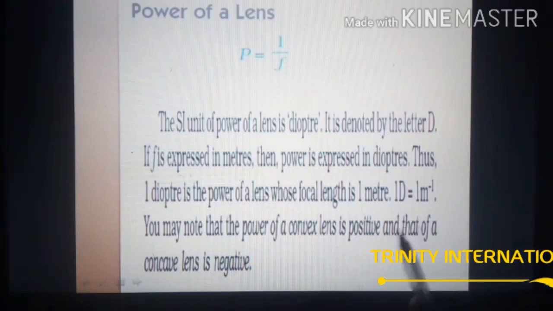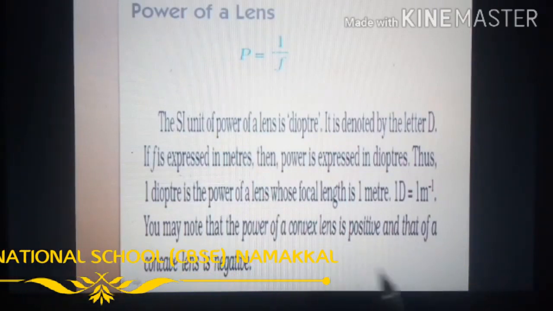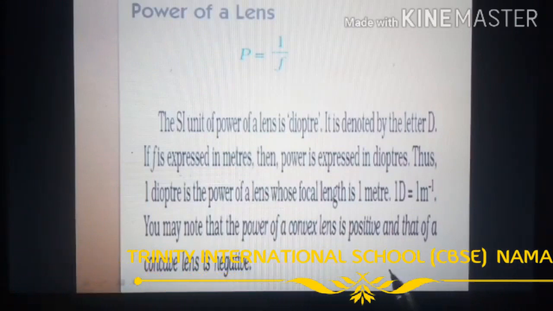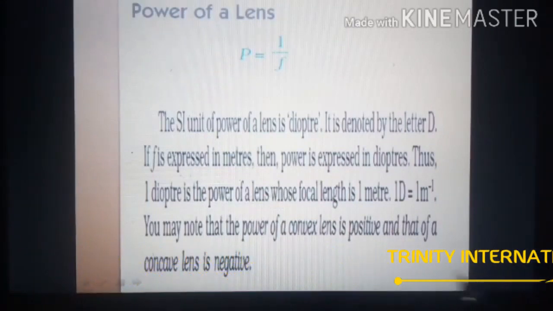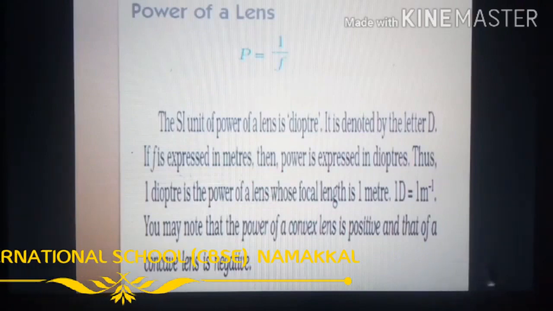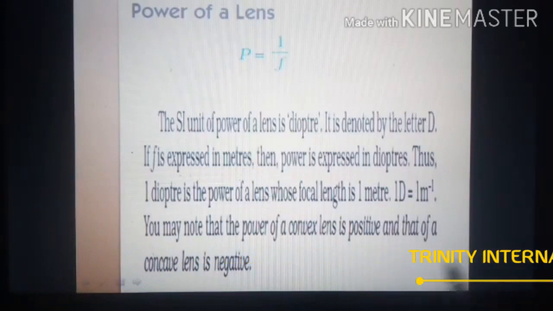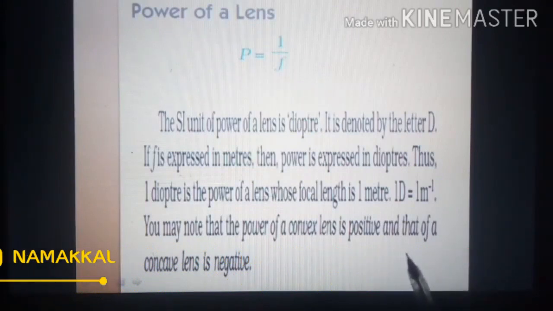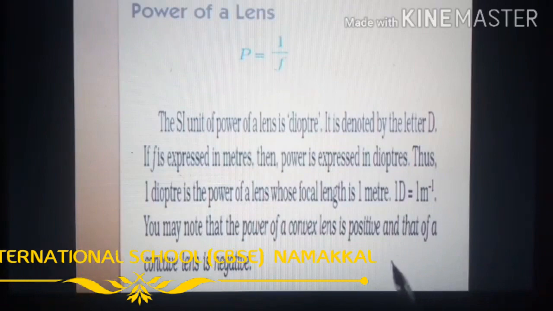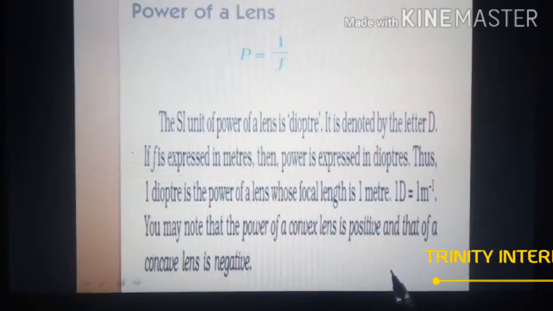It is always positive. For a concave lens, the doctor tells the power of your lens, like minus 0.5, minus 1, minus 1.5, minus 0.75 diopters. Minus means we are using a concave lens; plus means we are using a convex lens.